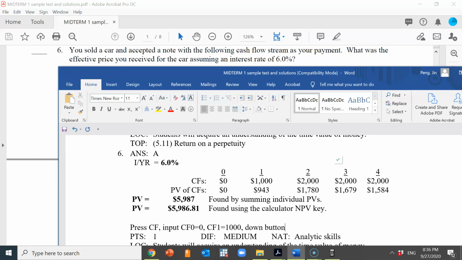After we input cash flow 1 as 1,000, we need to input frequency 1, F01. Frequency 1 as 1. Down button.